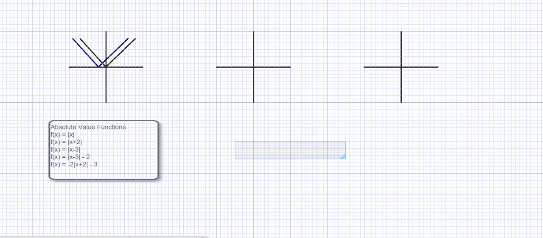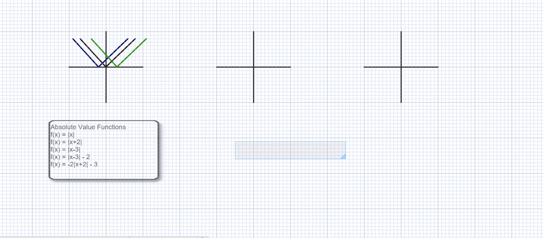So I'm going to use green to show that. I'm going to do absolute value of x minus 3, which means I'm going to move to the right by 3, and then it's going to be the same shape. So 1, 2, 3, and now I extend this, and I extend that. Okay, and that's your absolute value of x minus 3.